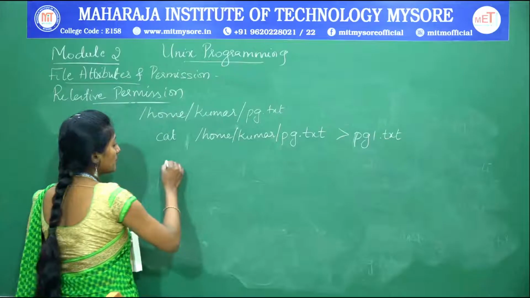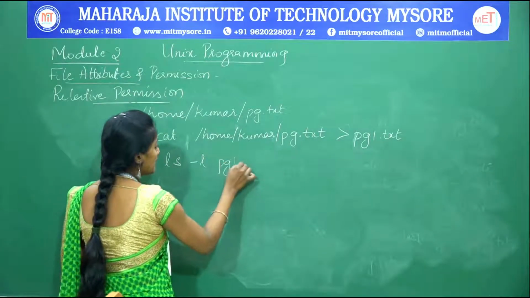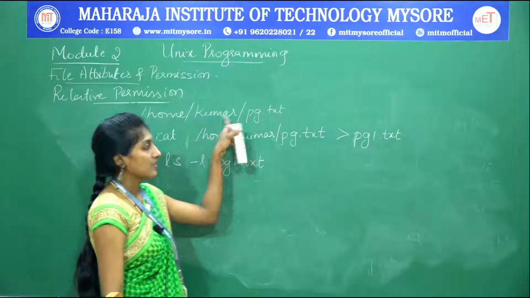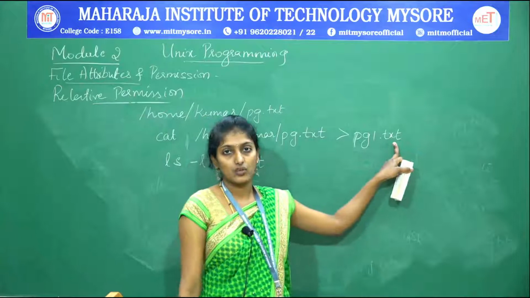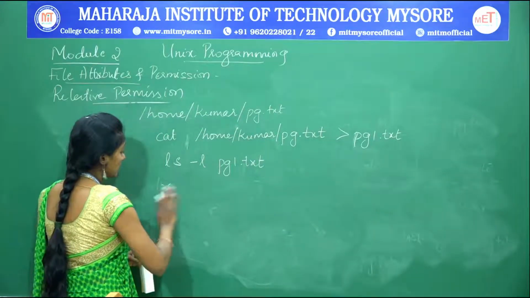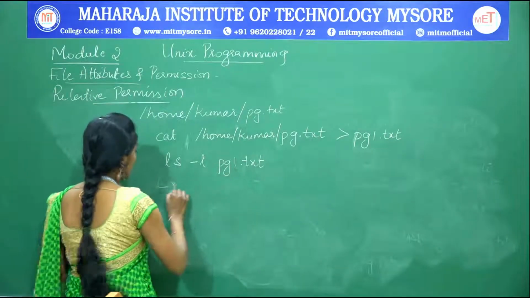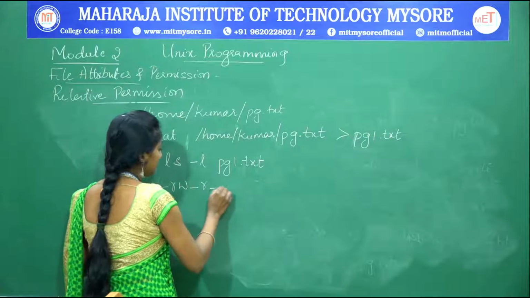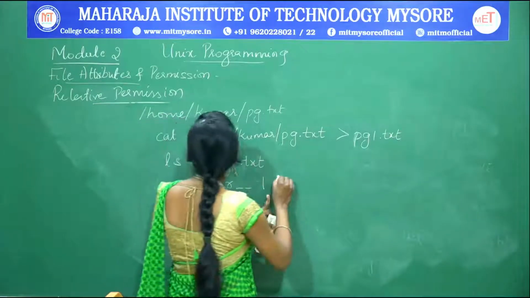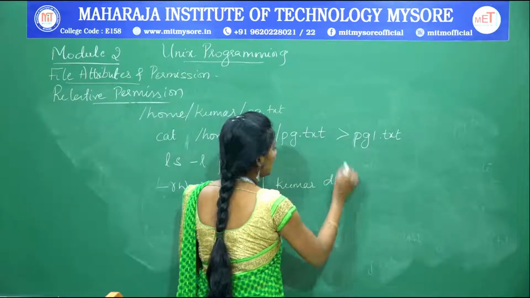So what will be the permission of this now? ls -l pg1.text. Since you are under the Kumar directory, this pg1.text file will also be located under this Kumar directory itself. Since it is an ordinary file, the first character is a hyphen, and this belongs to Kumar, belongs to the DBA group.